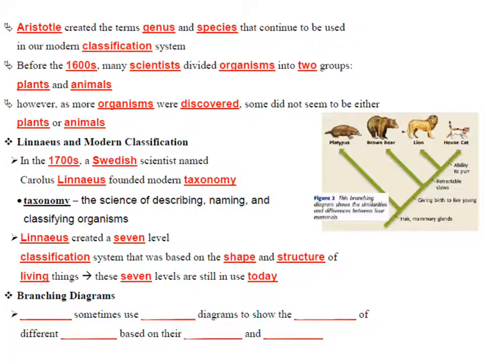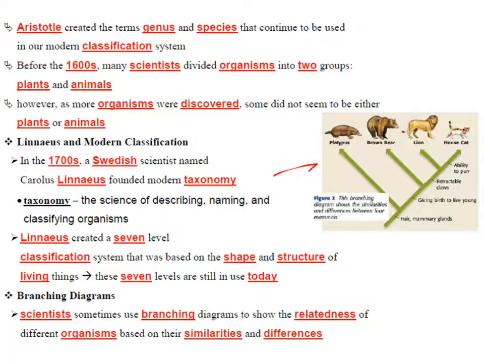Now, in addition to our classification system that we will look at in more detail in a few minutes, it is helpful to look at another tool that scientists use to describe or characterize or classify living things, and that is a branching diagram. Scientists sometimes use branching diagrams to show the relatedness of different organisms, and these are based generally on similarities and differences.